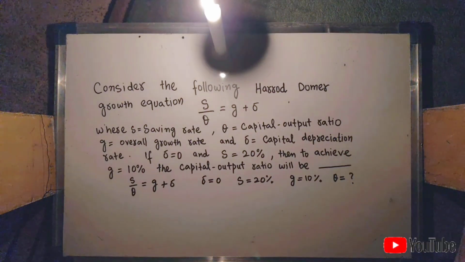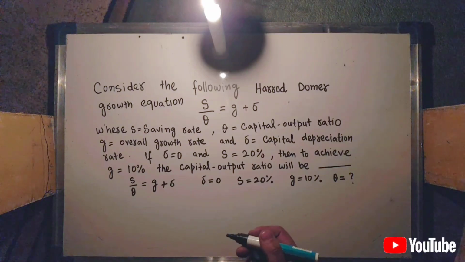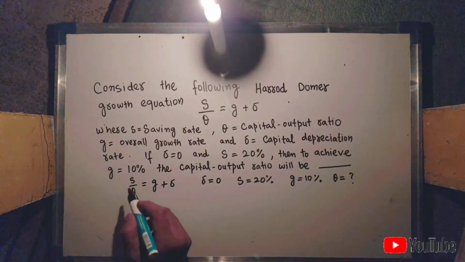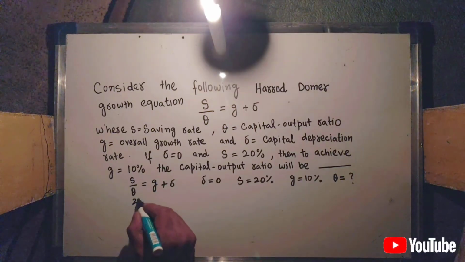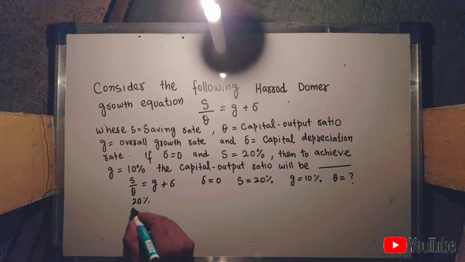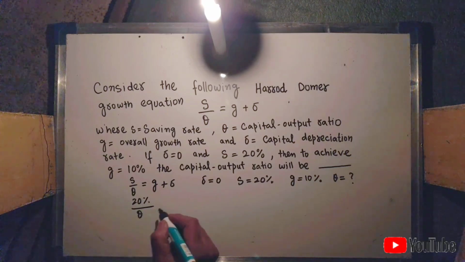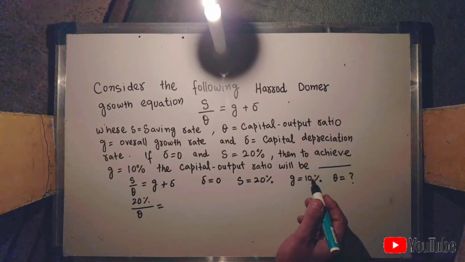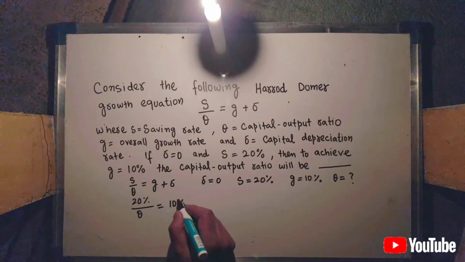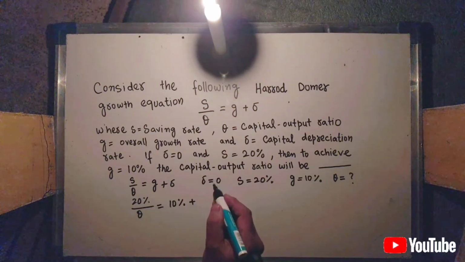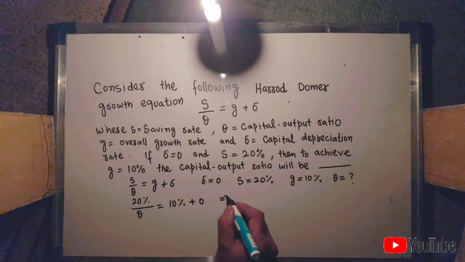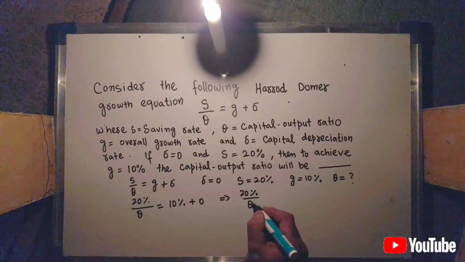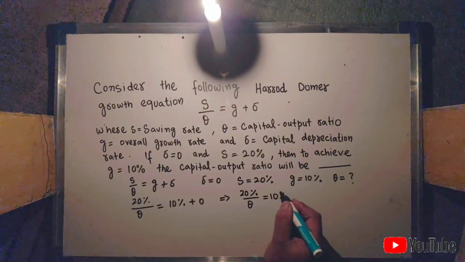It is a simple question. Now we plug the values in this equation: savings rate is 20% divided by capital output ratio, growth rate in the economy is 10% and depreciation rate is 0, which implies 20% divided by capital output ratio will be equal to 10%.